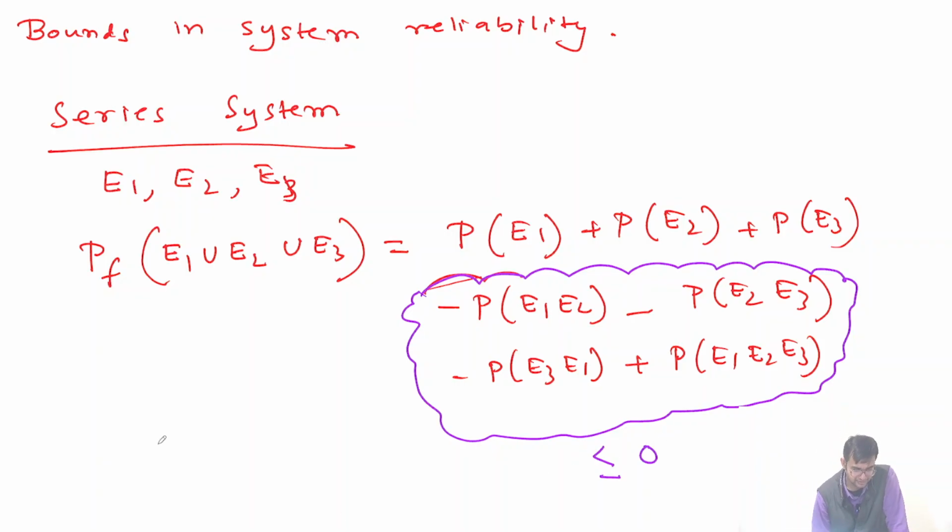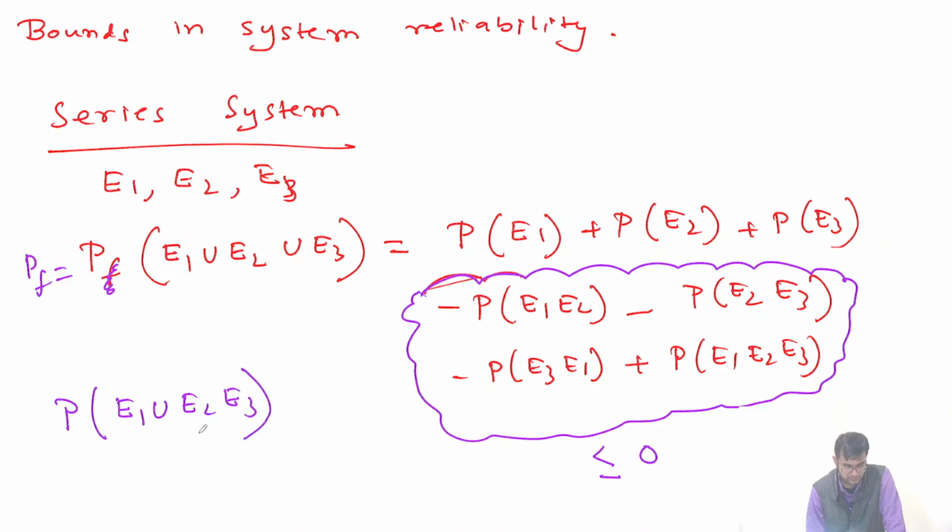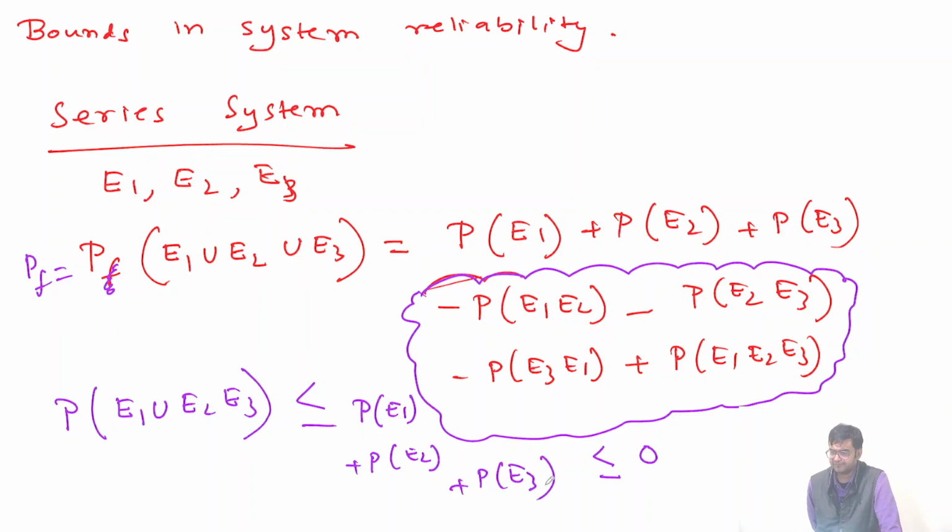So then can I not write probability of failure, which is probability of E1 union E2 union E3, is less than or equal to probability of E1 plus probability of E2 plus probability of E3, right? Because the negative portion was going to reduce that term. So if the reduction is because of this less than or equal to sign, I can remove that and write that, right?